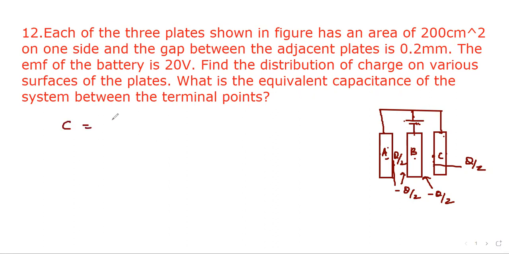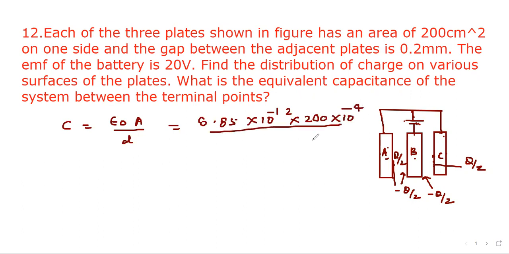So that is C equal to epsilon naught A divided by d. We put the values: 8.85 into 10 to the power minus 12 times plate area 200 into 10 to the power minus 4, divided by separation 0.2 into 10 to the power minus 3. Now we simplify it.